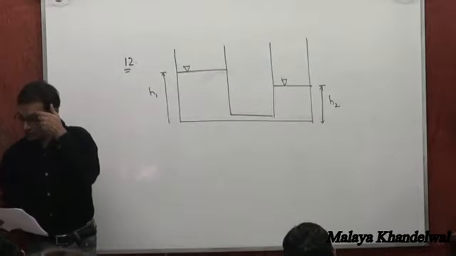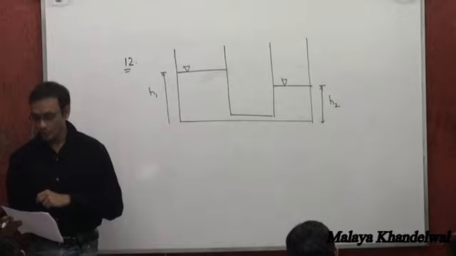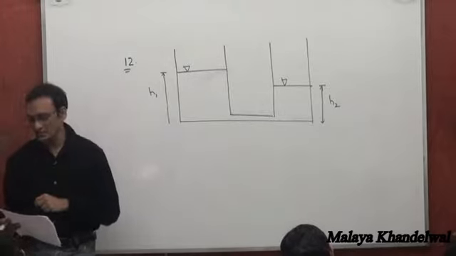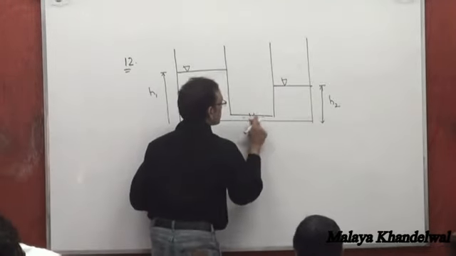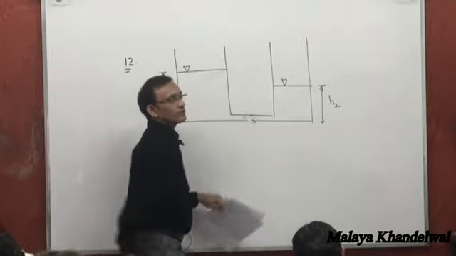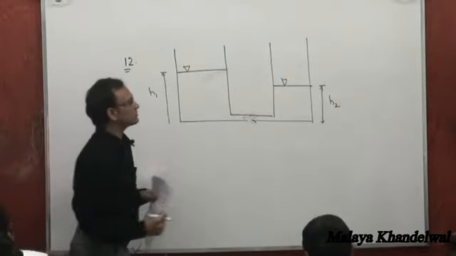The area of cross section of either base is A. What is the work done in equalizing the levels when the vessels are connected? See, there is a stopcock. When you remove the stopcock, the equalization would take place. Equalization of levels will occur.